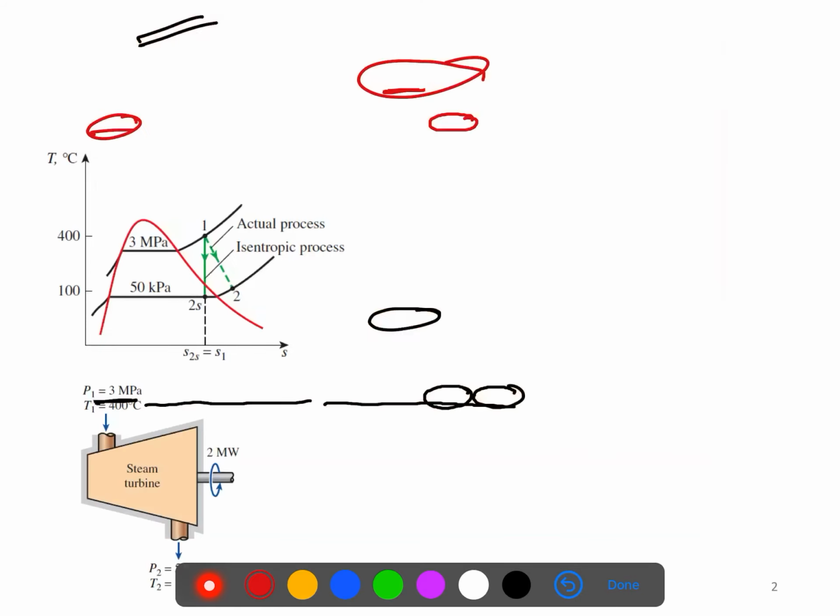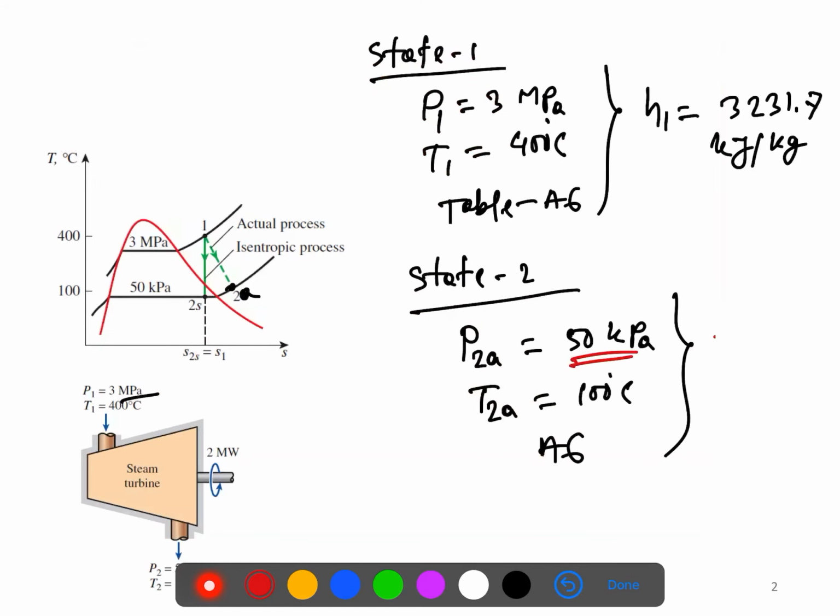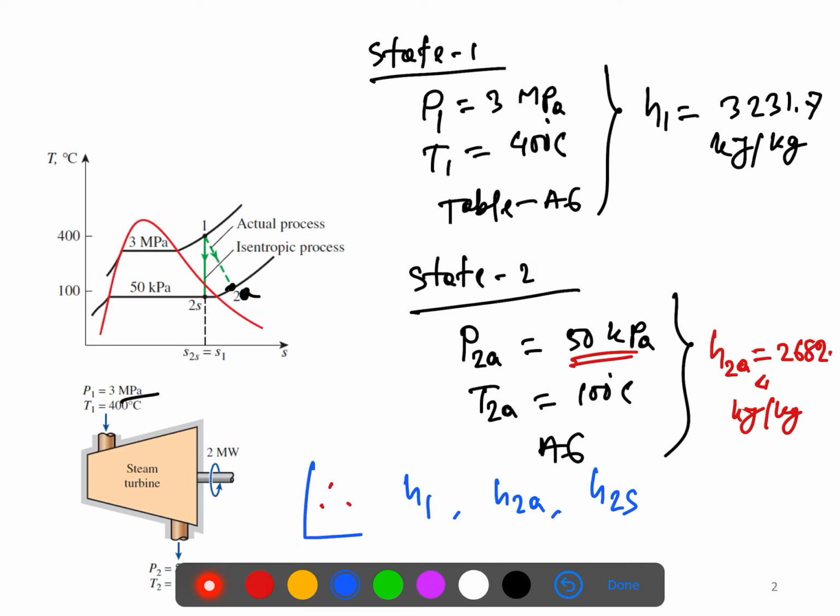So H2A is 2682.4 kilojoule per kg. Then you can see we have all the values: H1, H2A, and H2S, it is given.